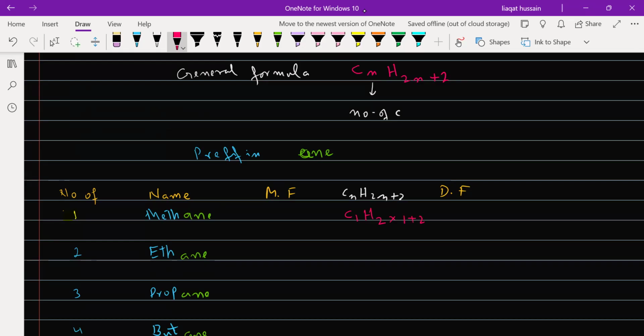So its formula will become CH, 2 ones are 2 plus 2, 4, CH4. So its molecular formula will be CH4.